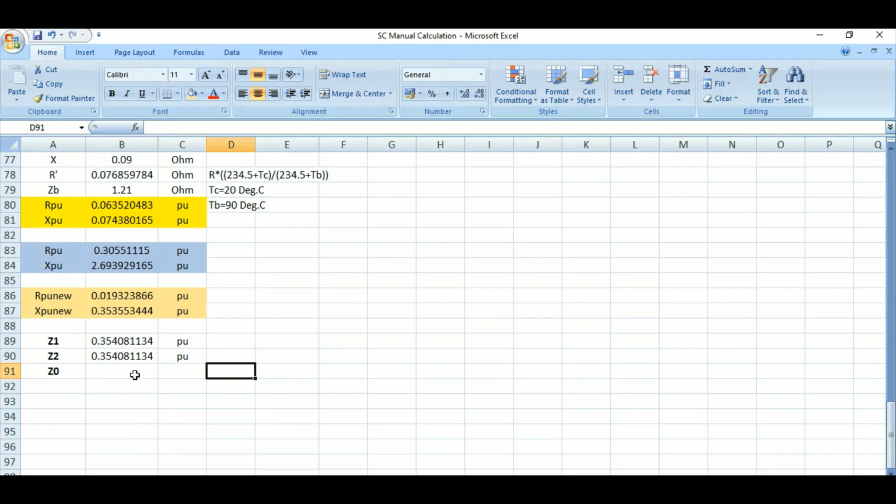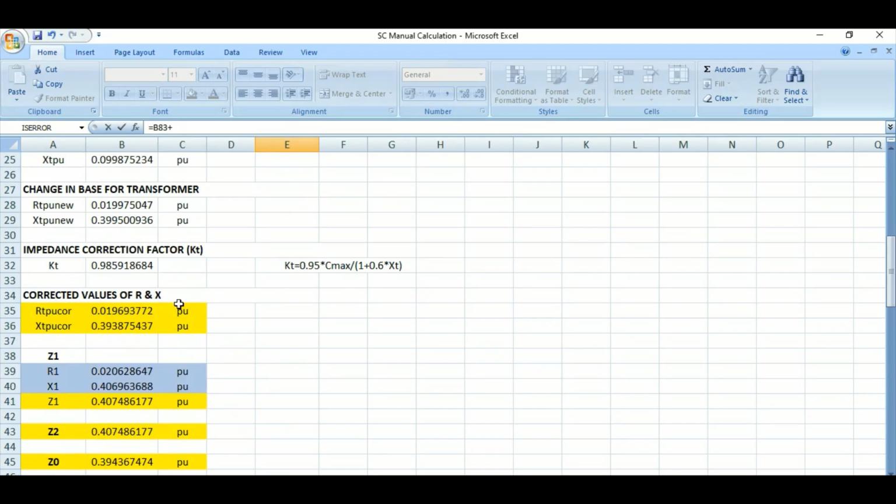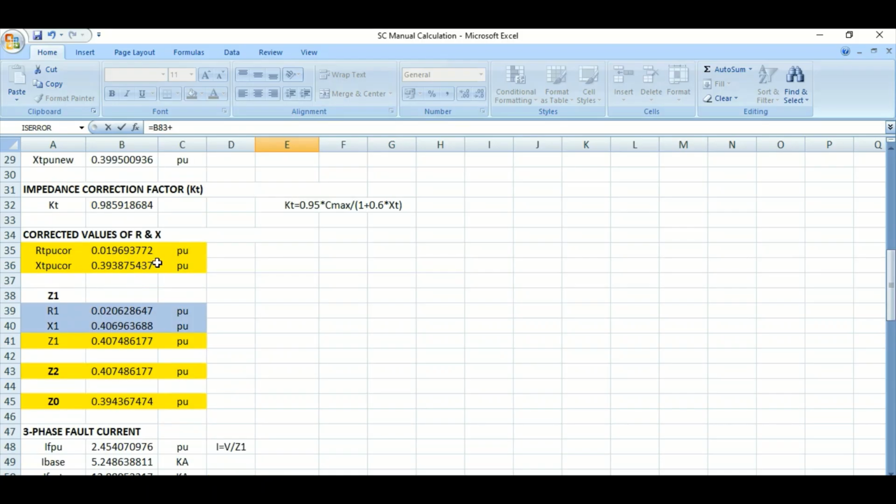So let's find out the Z0 value here. What will be the Z0 value? So this is equal to, no, before that we need to find out R. If we consider R0 and X0 in this way, right? So this equals this R value plus here only the transformer resistance value.